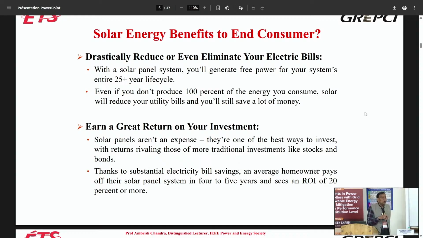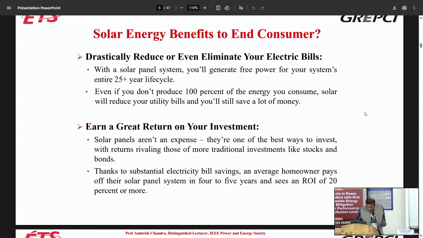Someone installed 5 kilowatts, another installed 10 kilowatts. They said within 4 years they recovered their money, because there are some government subsidies, and they have a lower electricity bill. So they were able to save money.